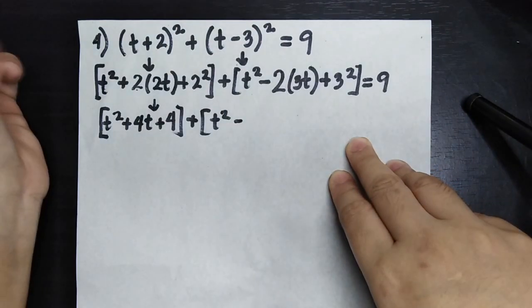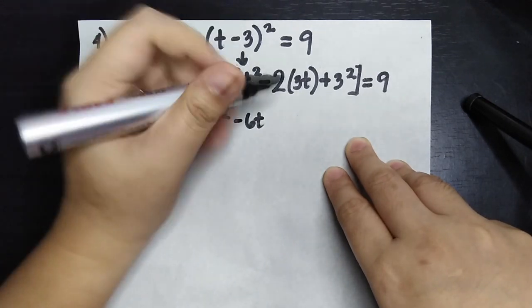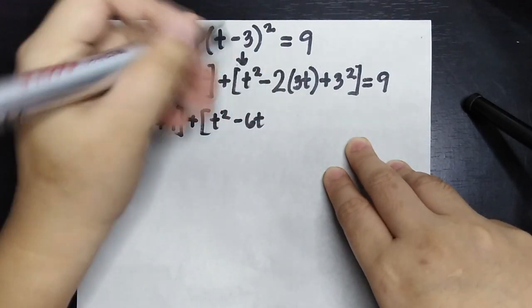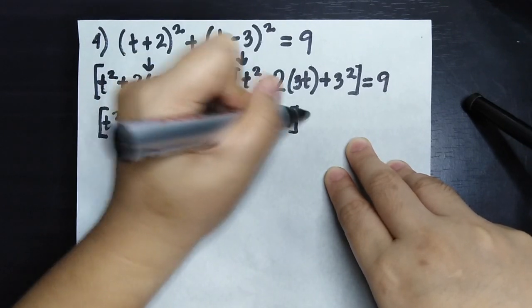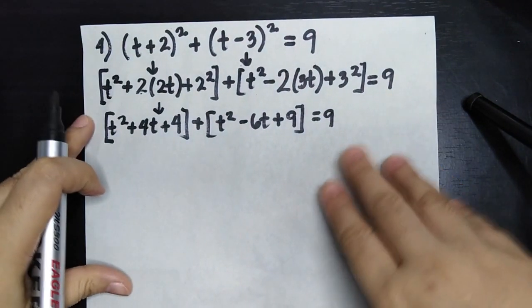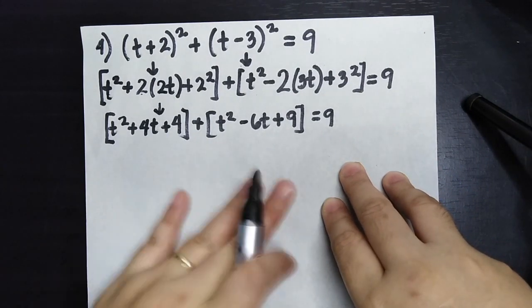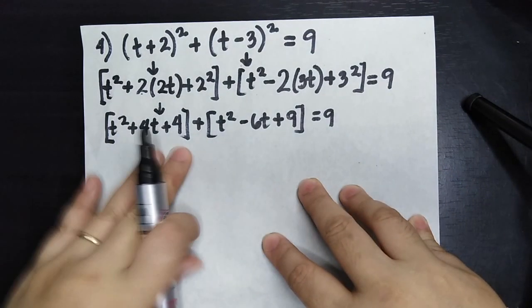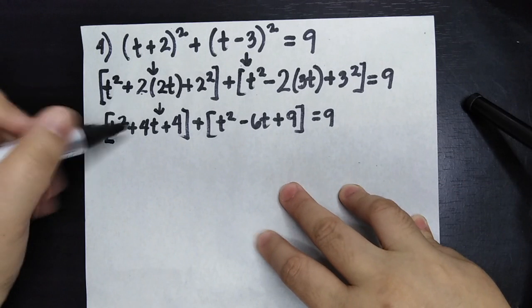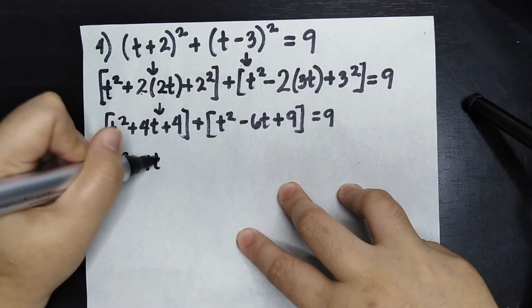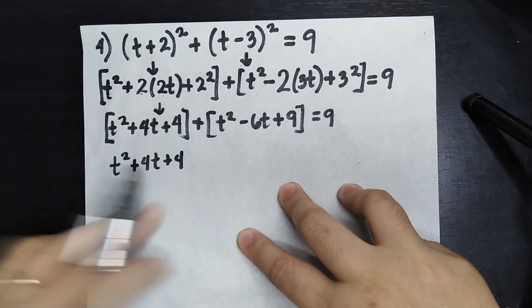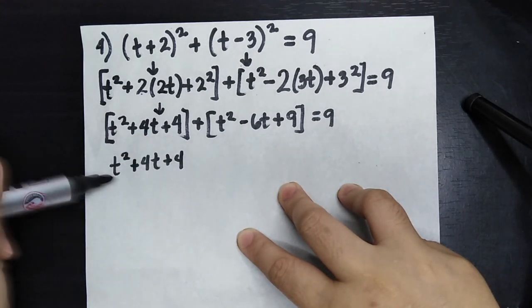Tapos, magiging 6t. Ito, 2 times 3 is 6. And then, just copy t. And then, plus 9 equals 9. Okay, so this time, kukunin na natin yung grouping symbol. So, for this first, pwede na natin kunin yung grouping symbol na yan. Okay, so t square plus 4t plus 4. Ayan. Kasi wala namang complications for this side.